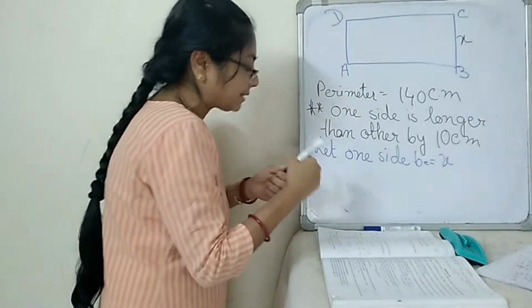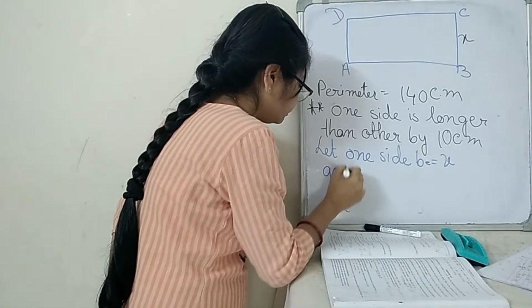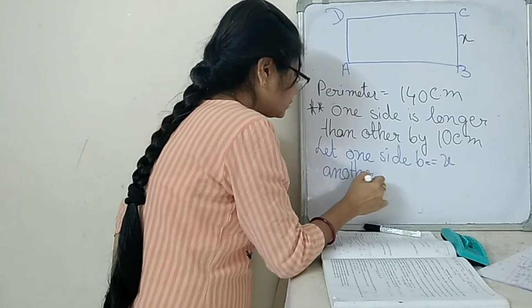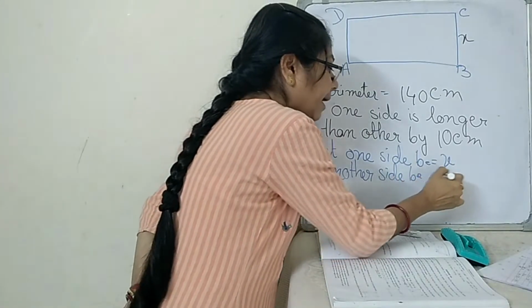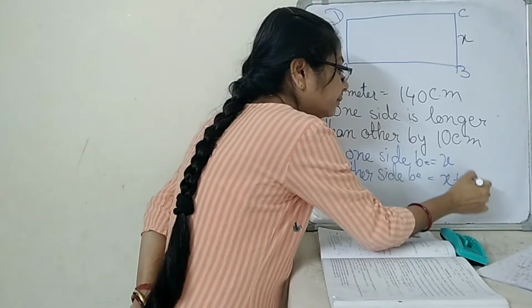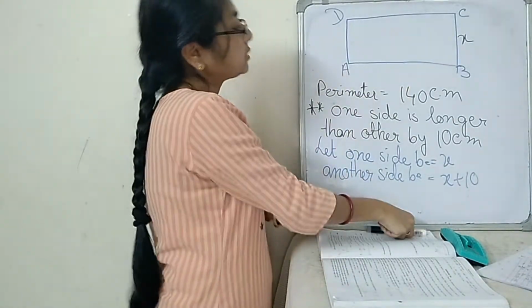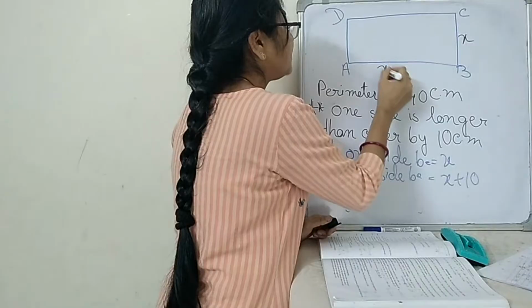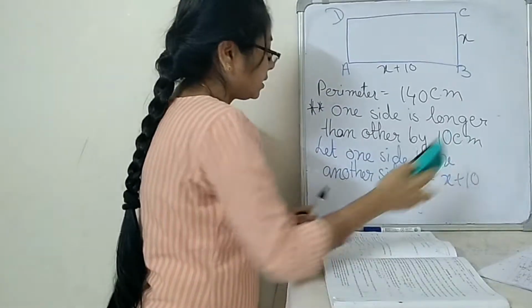So the other side is x plus 10. Okay, clear? I write it: x plus 10.